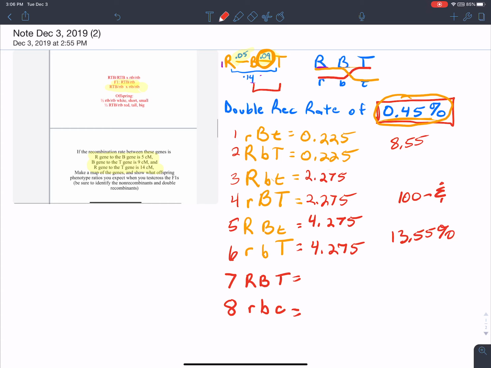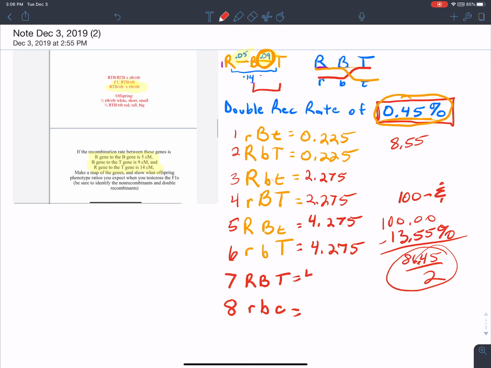And since you started out with 100, you just do 100% minus this. So 100 minus 13.55 is going to give you 86.45% are going to be parental types. And remember, you have lines 7 and 8, so you divide that by 2.